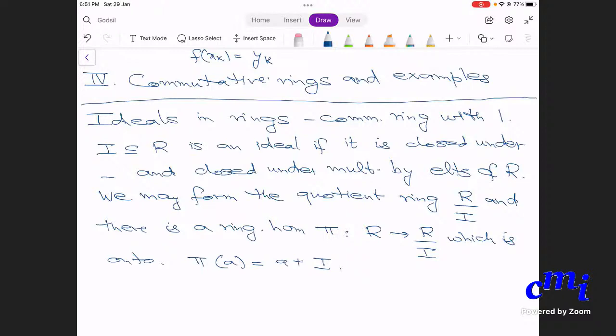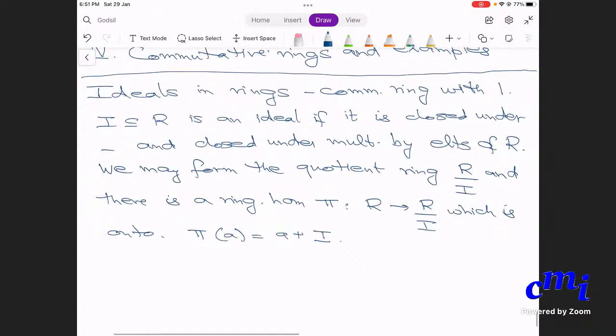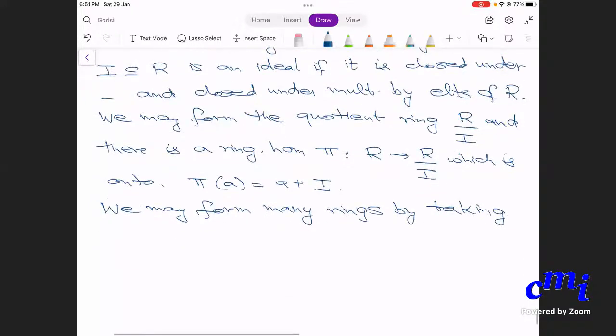When we discussed examples of rings, since I hadn't done ideals at that point, I didn't mention this. So a large variety of examples of rings will come from the quotient construction. We may form many rings by taking quotients of known rings by ideals.